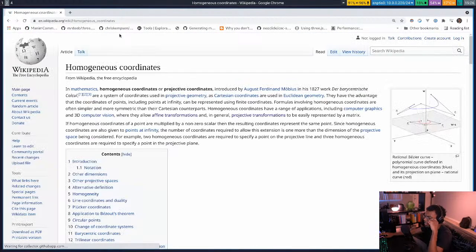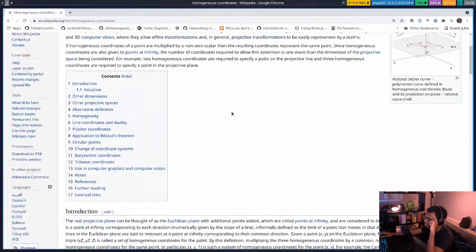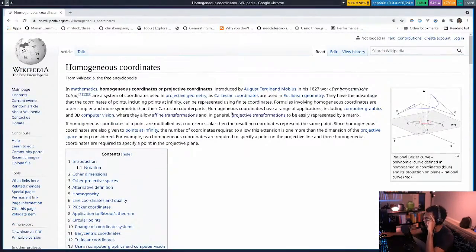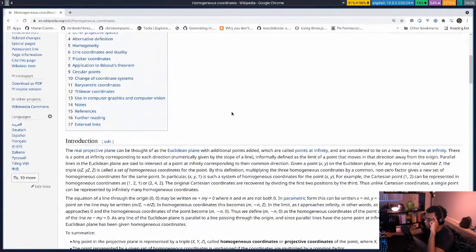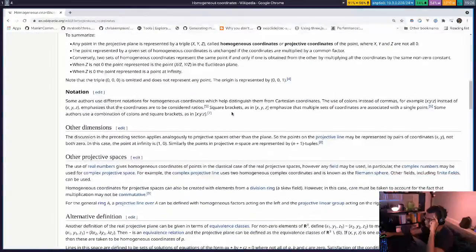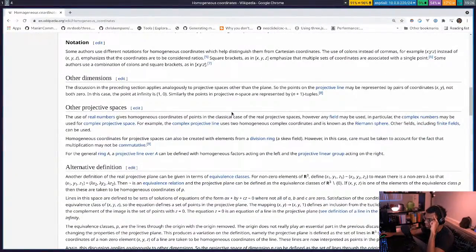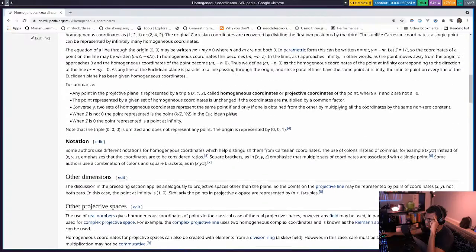I know how they're used, but I don't have a good idea of how to explain them in a way that makes them sound useful. Currently, they sort of seem like just more work than Cartesian coordinates.